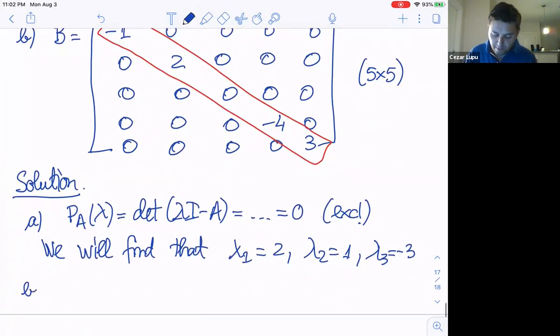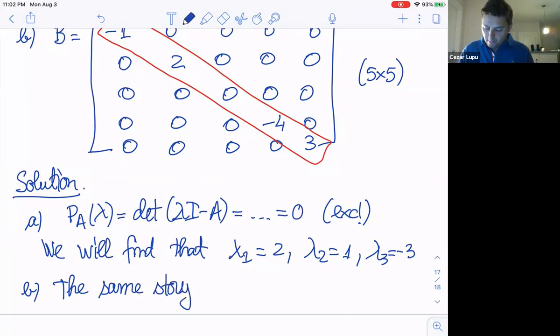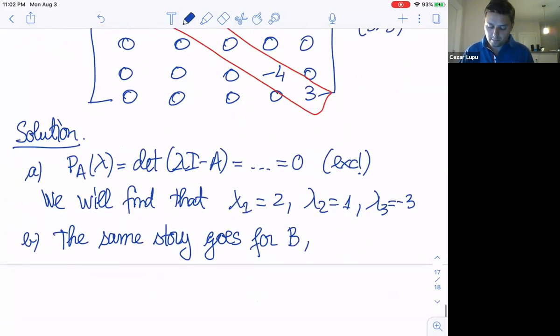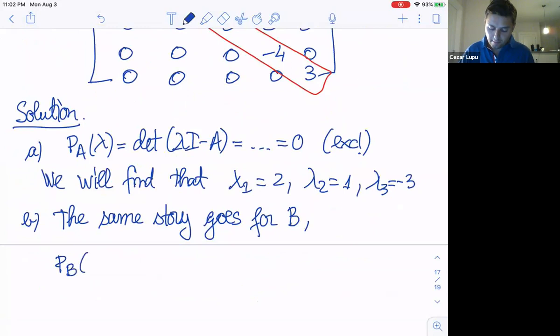The same story goes for B. Well, P of B lambda is nothing else than just a determinant.